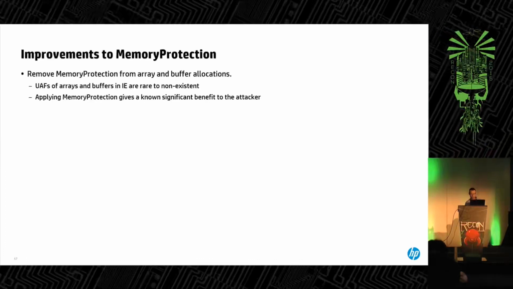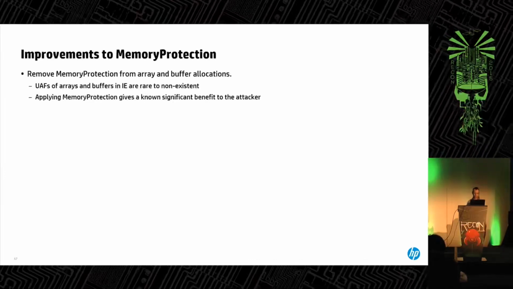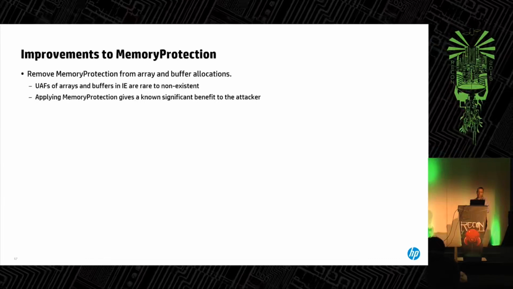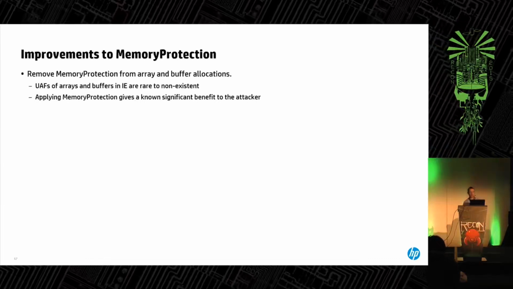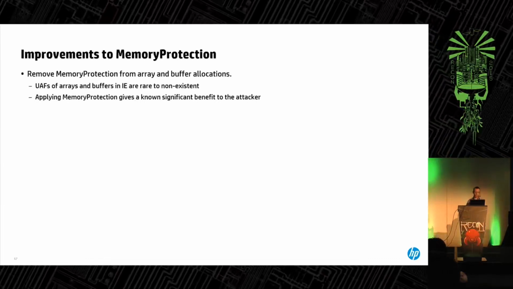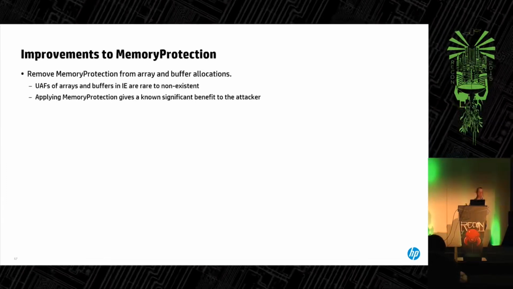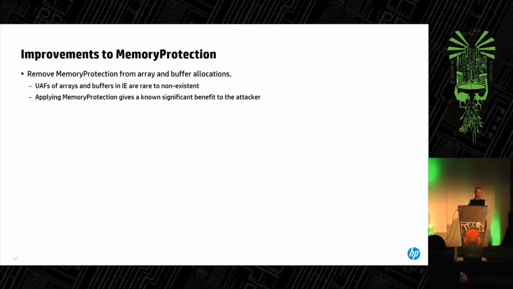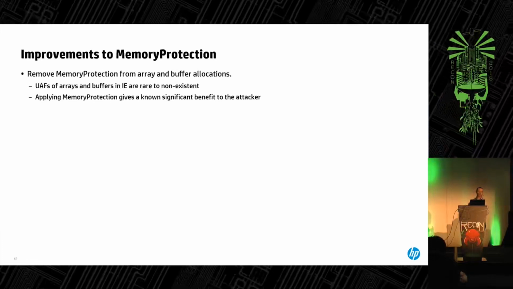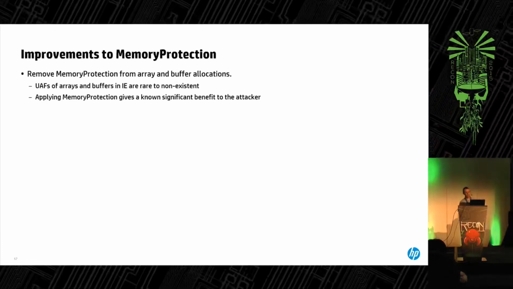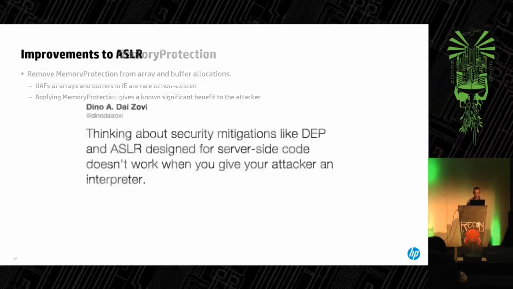And since UAFs of arrays and buffers in Internet Explorer are rare to non-existent, the benefit of applying memory protection to these allocations is doubtful. On the other hand, we've demonstrated how it can be a very significant benefit to an attacker. We therefore feel that memory protection will be a stronger defense if applied to scalar allocations only.